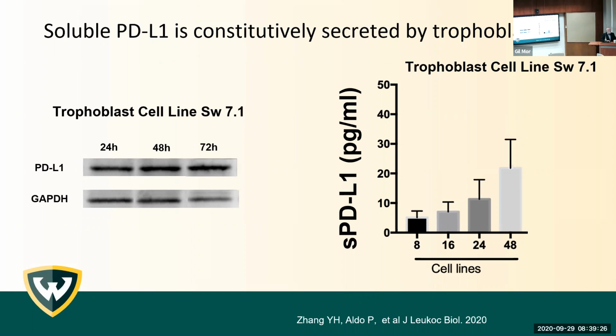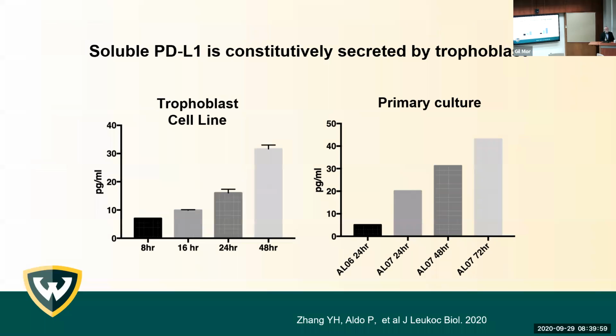And here is the finding. We do detect secreted soluble PD-L1, but interestingly, the amount of soluble PD-L1 increased in the supernatant with time, suggesting that the trophoblast is continuously producing soluble PD-L1, and it is secreted into the supernatant in vitro, but in vivo it will be secreted into the maternal circulation.